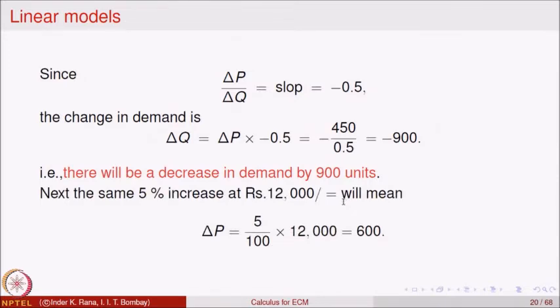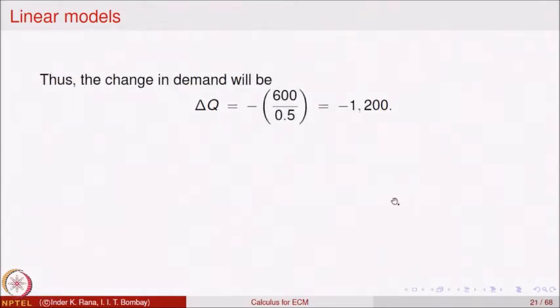Now let us calculate the 5% increase when the music player is selling for 12,000. In that case, delta P, 5% of 12,000, is 600. So, we now calculate delta Q, it is delta P divided by that slope. So, that is minus 600 by 0.5, and that goes up to minus 1,200.